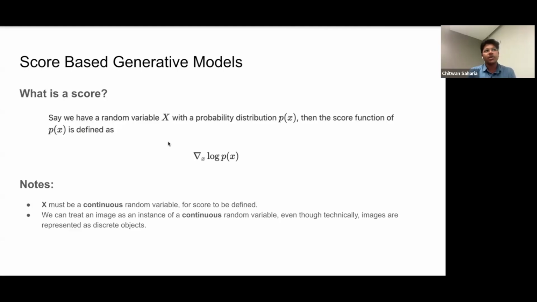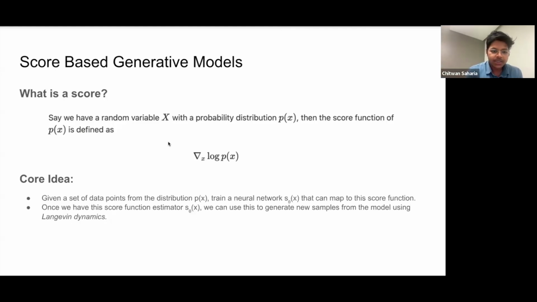The reason it works is that even though we represent images as these discrete numbers, there is nothing discrete about them from the data perspective. In text, a token 5 can be very different from token 6, and a token 5 can be very similar to token 10,000. But that's not the case with images. The pixel value 5 is actually very close to pixel value 6 and very far away from pixel value 250. So making them continuous works fine, and that's something that we need for score modeling.